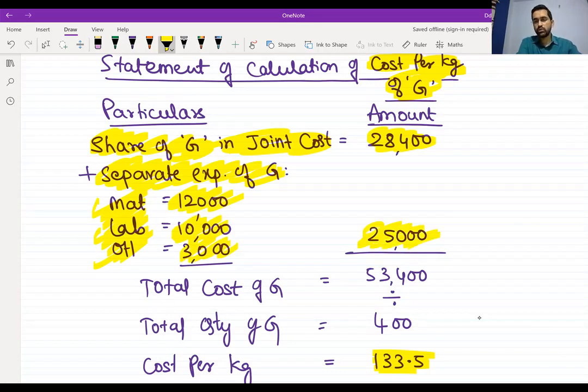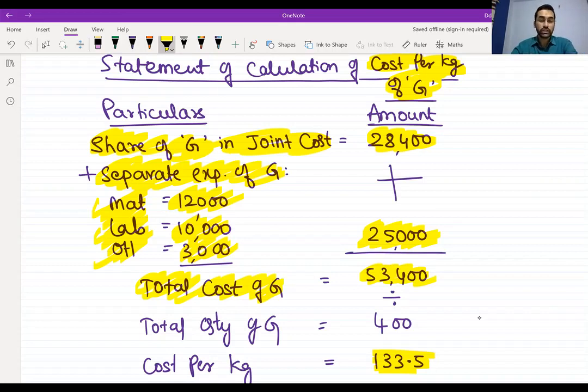That total comes to 25,000. Right. Now you need to add these two. That will give you what? Total cost of G, 53,400. Correct.